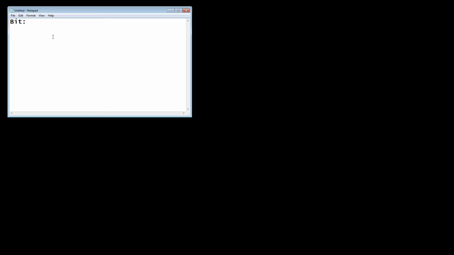So, starting out, we have a bit which has two possible values, 0 and 1. That's all well and good. We can have true or false, but what kind of math are we going to be able to do with 0 and 1? We can't do 1 plus 1 because that's 2, we go over.